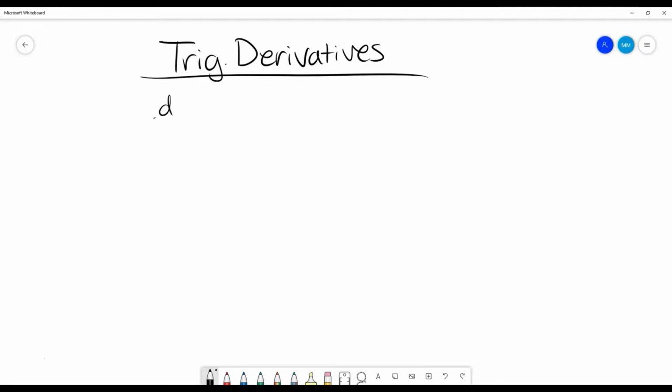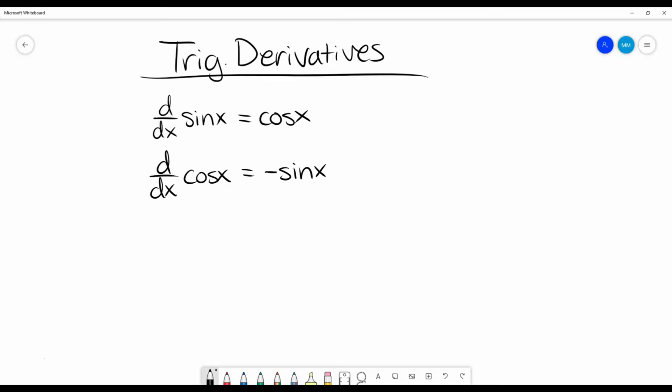If I want to take the derivative with respect to x of sine of x, the derivative of that is going to be cosine of x. So the derivative of sine is cosine. Similarly, the derivative of cosine of x is negative sine of x.